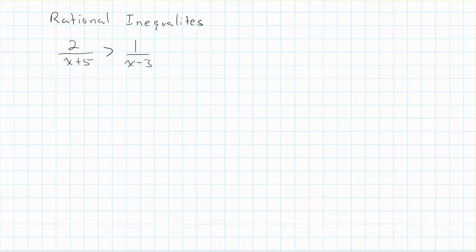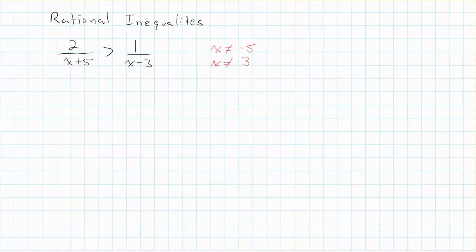So I always like to put those down first. x, for instance, can't be negative 5, and x can't be positive 3. And the reason I'm putting those down right away is that when we start our number lines, we're going to have to put open circles there right away because those can't be part of it. So actually, I might put x's there instead, because then we'll have to check intervals as well.